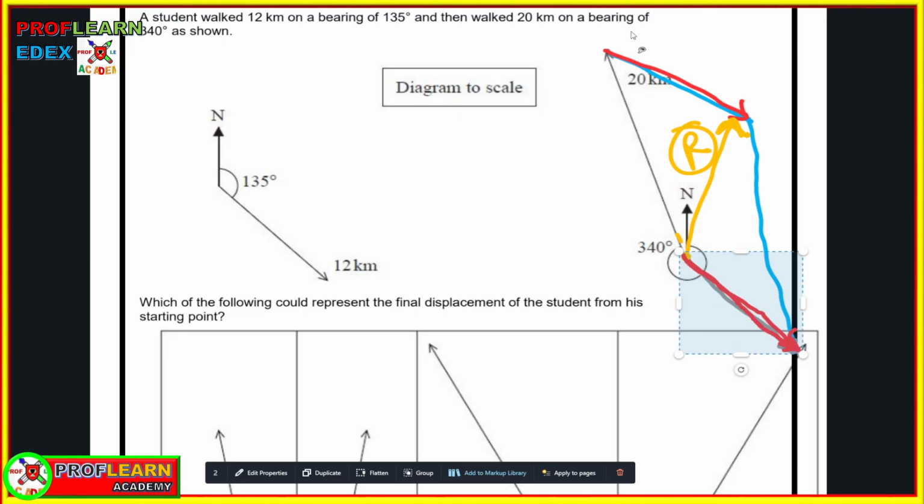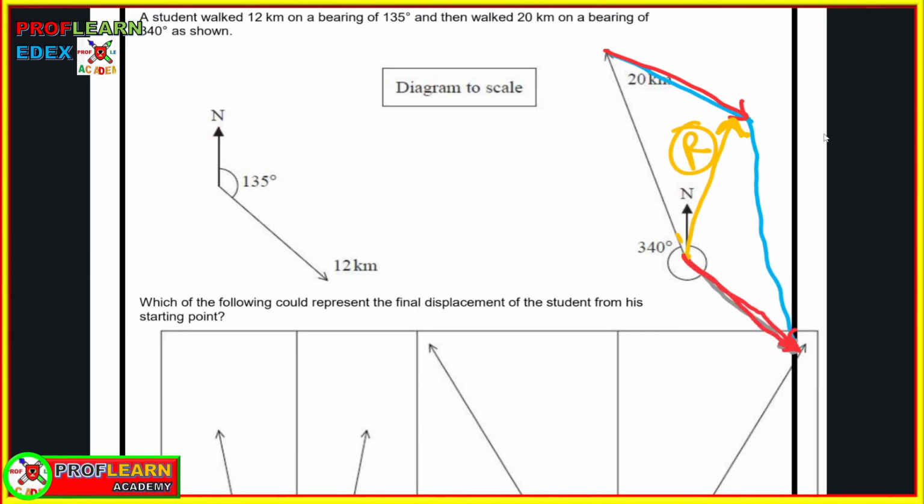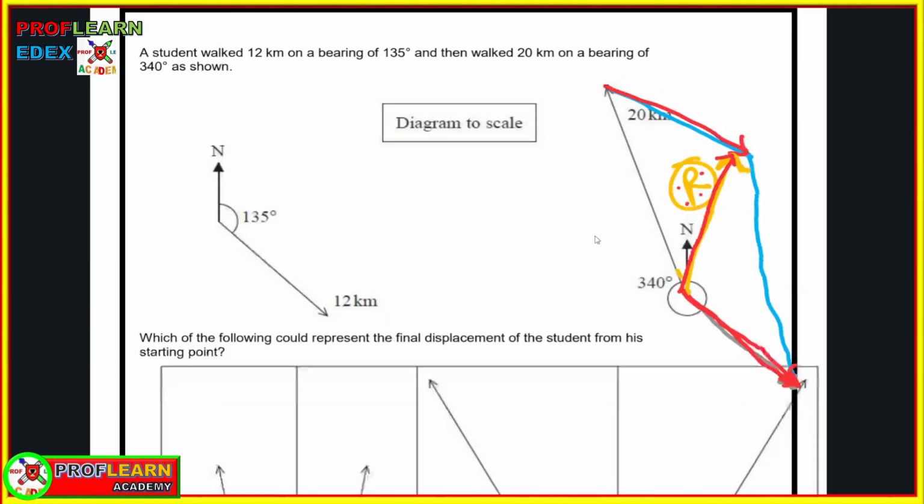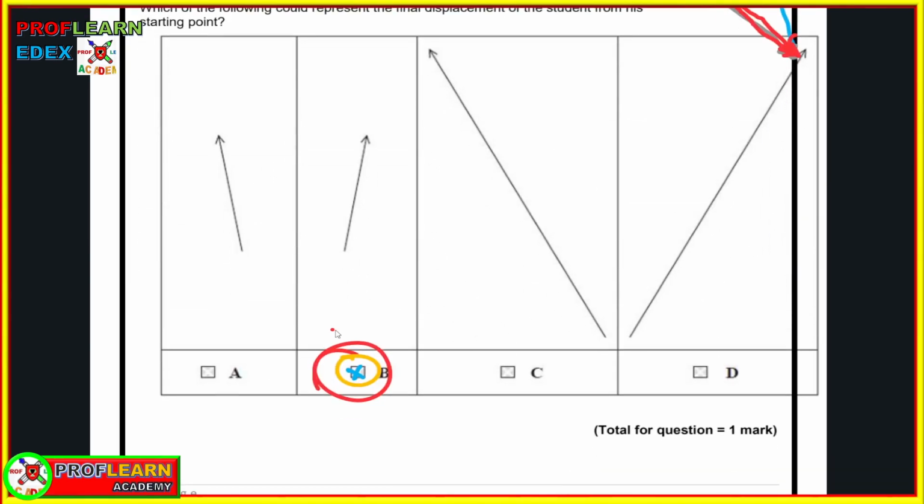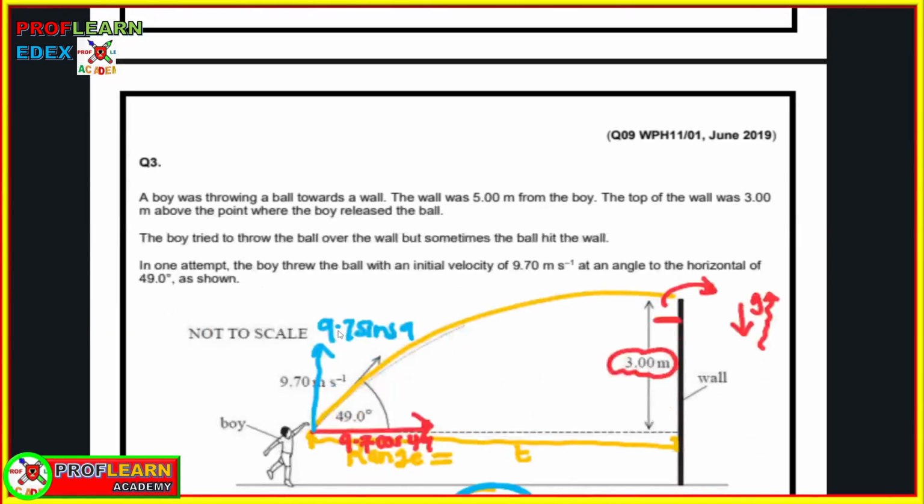So we shall have a parallelogram joining this way, and then the resultant vector becomes the diagonal of the parallelogram that we have obtained, and the resultant vector will be acting in that direction. If we look at the options, the one that gives us that is actually B.